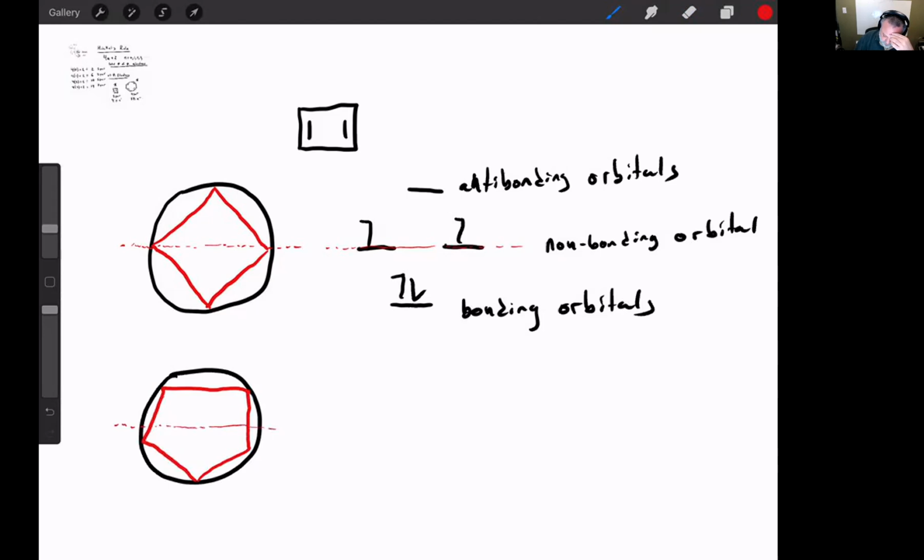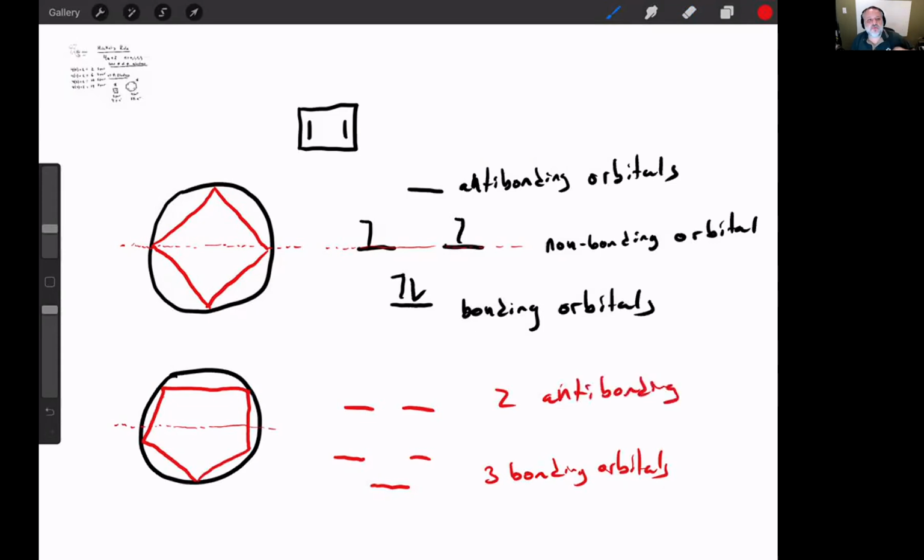Again, if you're not good at drawing, it's easy to mess up where that halfway point is. And so in here you have 3 bonding orbitals and 2 anti-bonding orbitals. And in this case, there are no non-bonding orbitals.